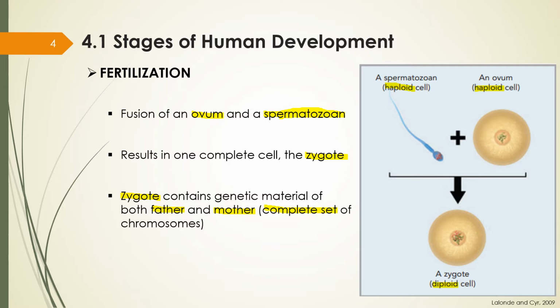Why are they haploid? Because they have half the number of chromosomes. When they fuse together, they form a zygote. The zygote has the double number of chromosomes because it's the junction of the egg with the spermatozoon chromosomes. So I have the full set, I mean a diploid cell.